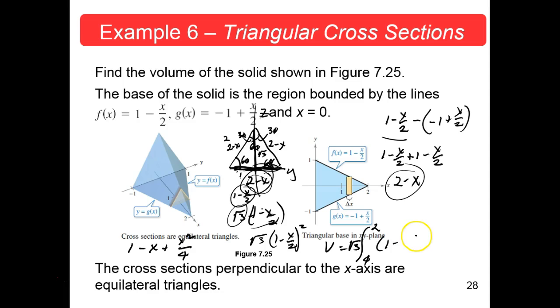Integrating 1 minus x plus x squared over 4 dx. Okay. It's that area of that thing that we just said. Here's the area of it. Integrated from 0 to 2. That incremental area. Thickness is dx.